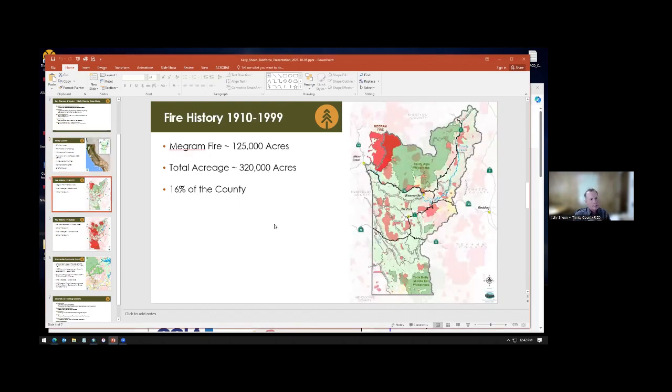We were mostly doing watershed restoration back in the mid-90s, but in 1998, 99, the Megram fire happened on the western portion of our county. And at the time, it was one of the largest wildfires in California history at 125,000 acres. Now, obviously that pales in comparison to what we've been seeing over the recent past.